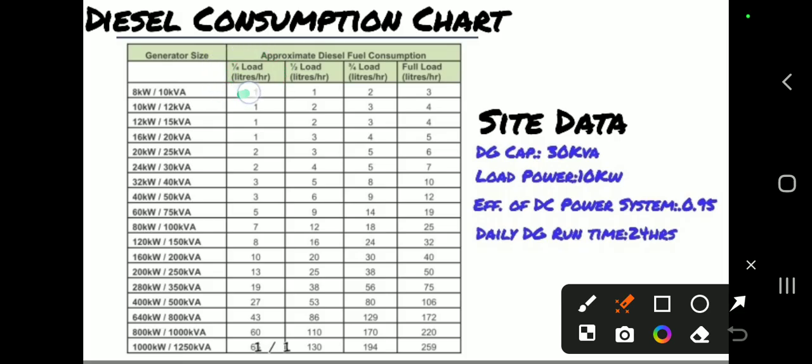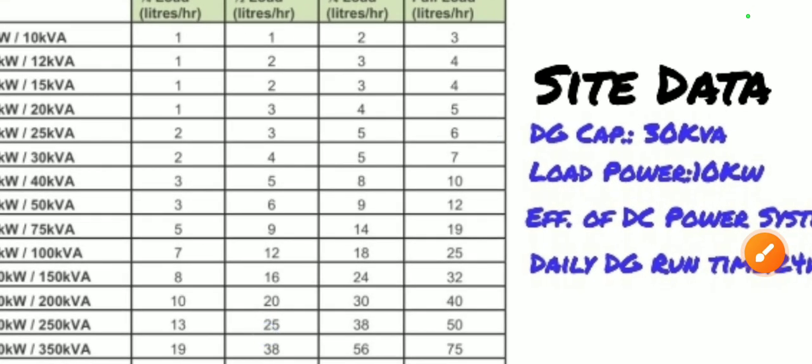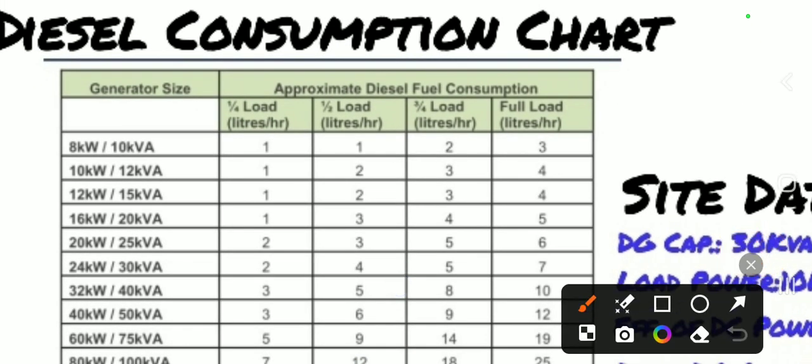We can see 1/4 load, which is 25% loading if we express that in percentage, and here is 50% loading. Here we have 75% loading, and here we have the full loading.